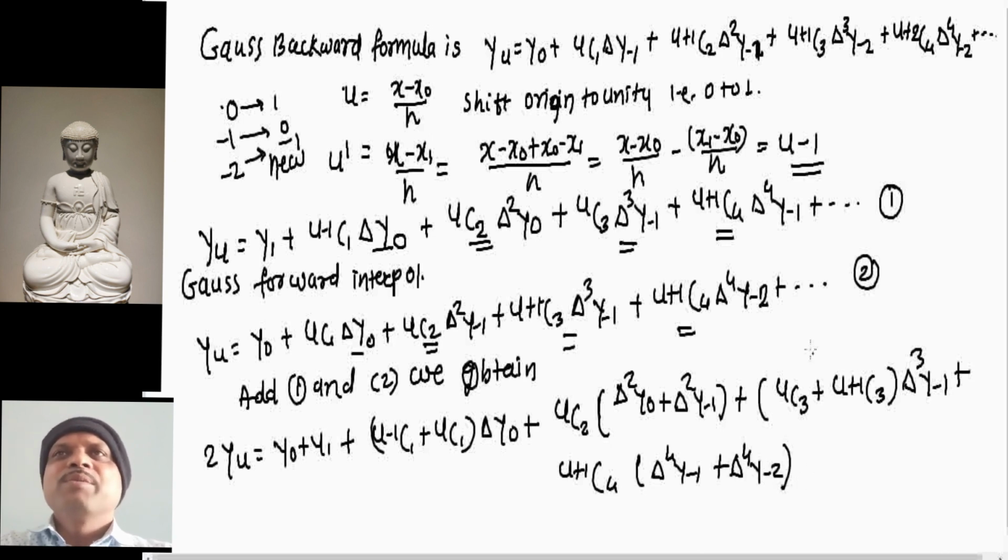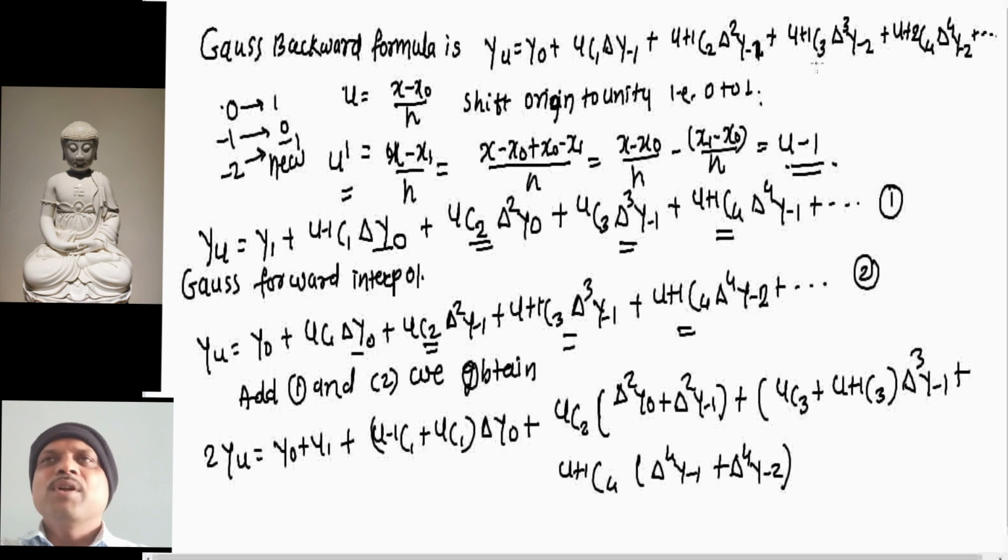So friends, remember this procedure is very simple. What we have done here: we have written the Gauss backward formula, then we have shifted the origin to unity, that is 0 to 1. Whenever 0 is shifted to unity, minus 1 shifts to 0 and minus 2 shifts to minus 1, and this new u dash will be shifted to u minus 1.